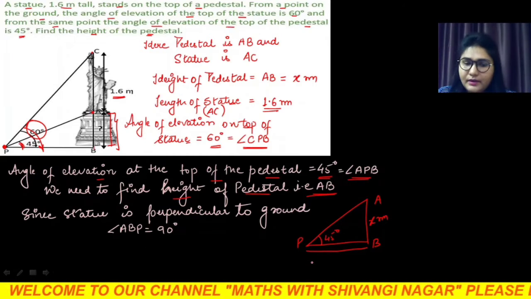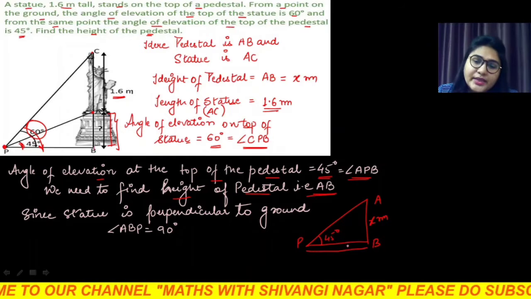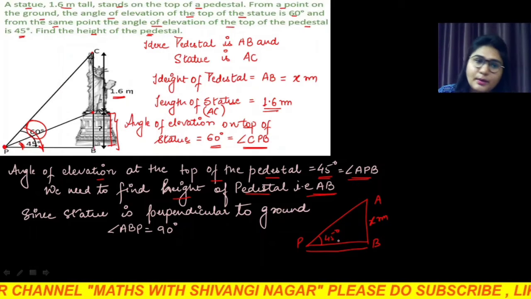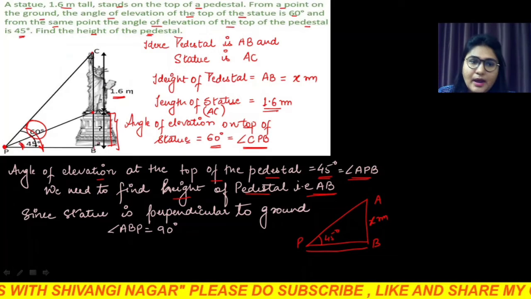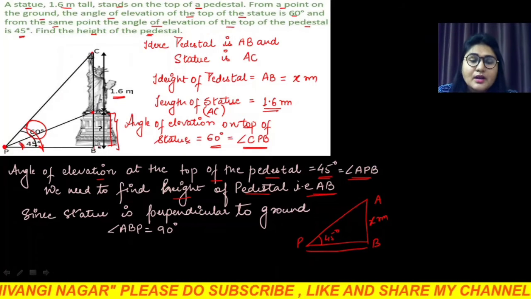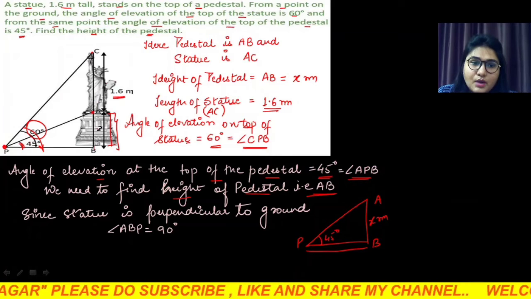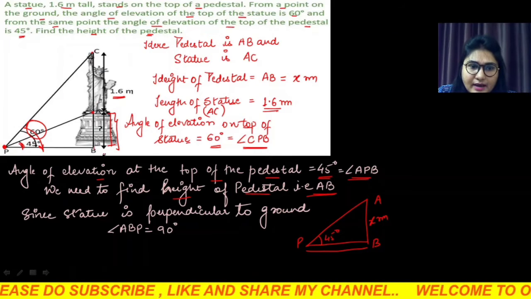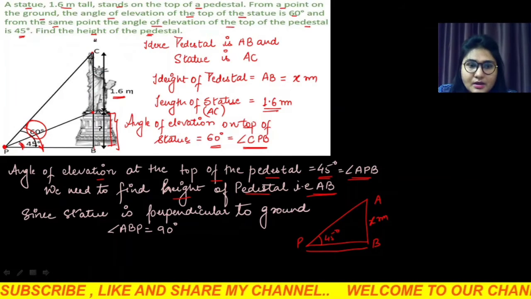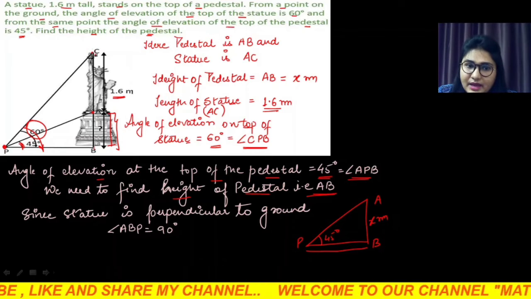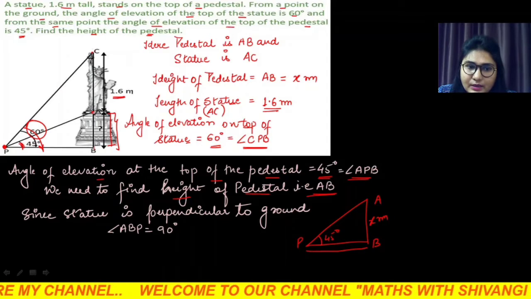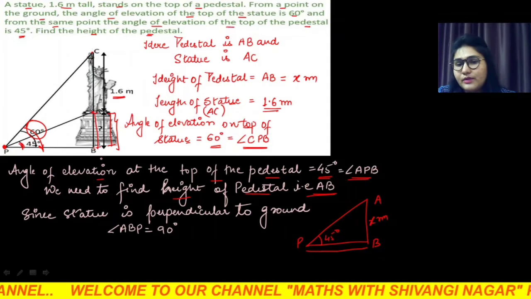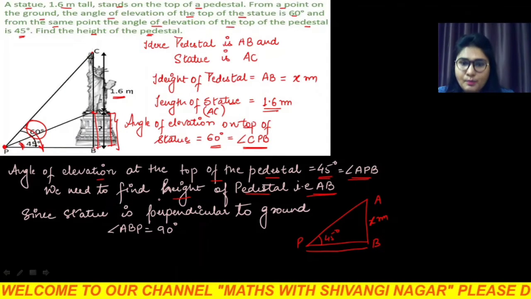Then we will apply the trigonometric ratio in the entire big triangle CPB and work on the entire CB part. Then when we eliminate the CA part from that BC, we will calculate the AB part. So in this direction we will move.